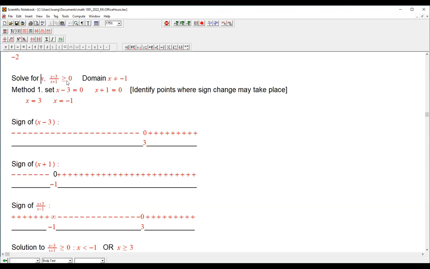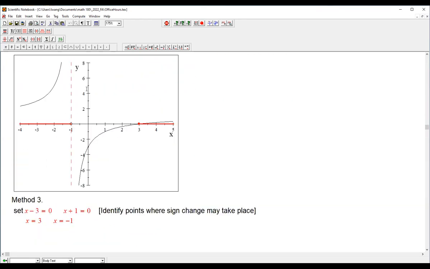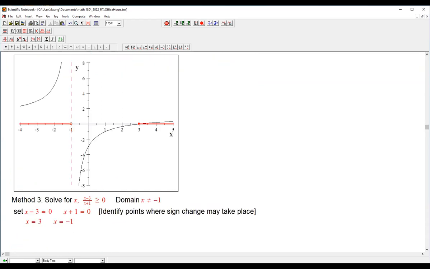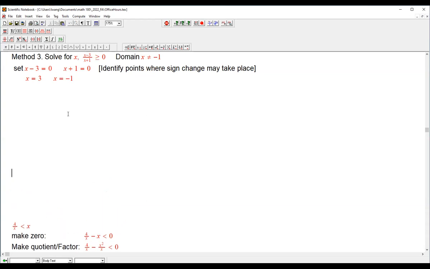We still carry the same domain. So I'm going to copy this piece and move it down and try to make this lecture a little bit shorter. I think it's already pretty long, so take breaks in the process. All these methods are very, very important for you to understand. We're shooting for understanding.